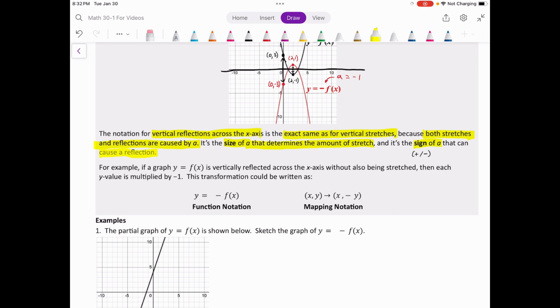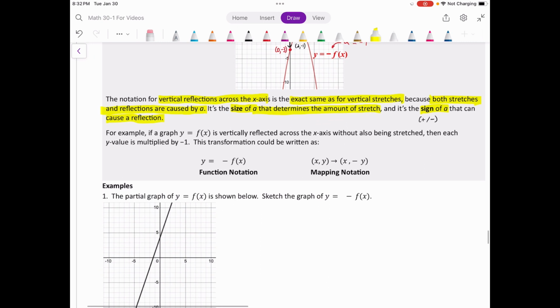So how big the absolute value of a is tells us how much it's been stretched by, and whether it's positive or negative tells us whether there's also been a reflection. So for example, if a graph y equals f of x is vertically reflected across the x-axis without also being stretched, then each y value is just multiplied by -1. It is possible to stretch and reflect it, right?